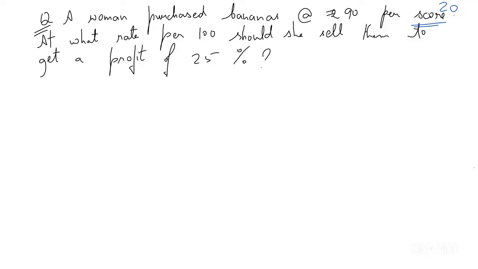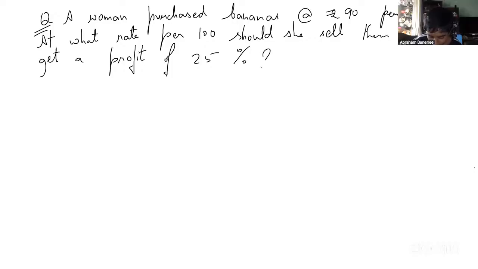Yes, that is the cost price per banana. And then you have to do that into 100, which is 450. So what is the cost price for 100 bananas? Ma'am, 450. Per banana, I was getting 8.5.